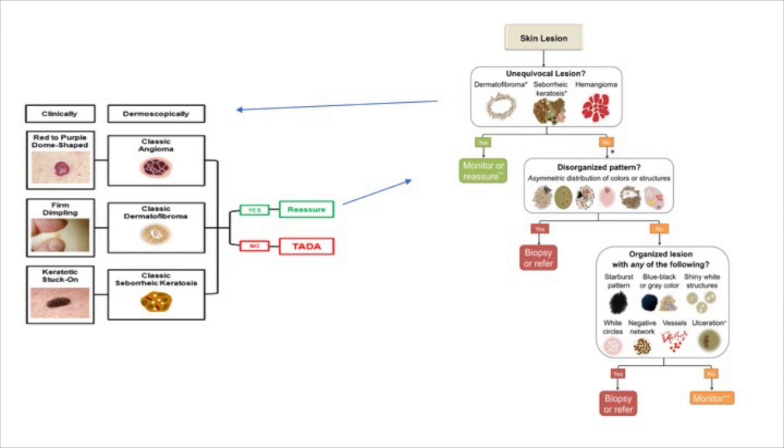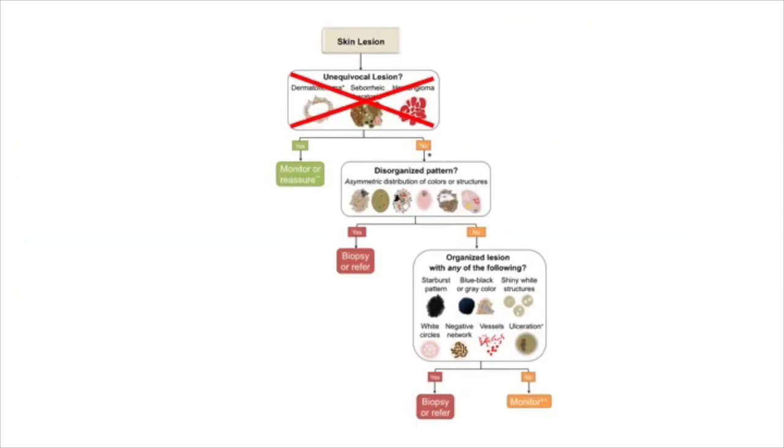If it's not an unequivocal seborrheic keratosis, angioma or dermatofibroma, then look at whether the lesion is organized or disorganized. If it's disorganized, biopsy it, end of story.